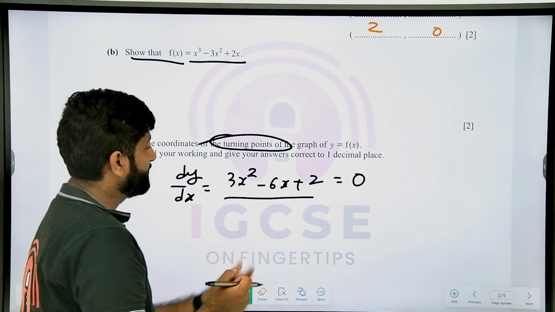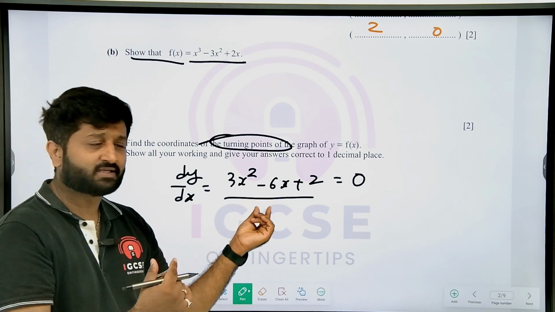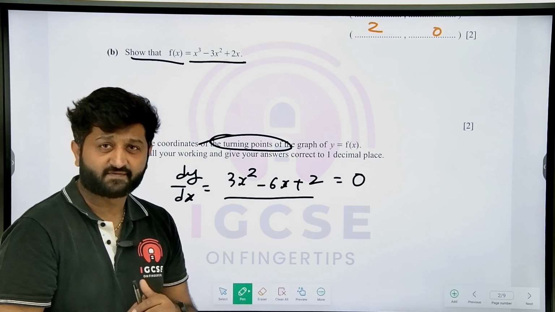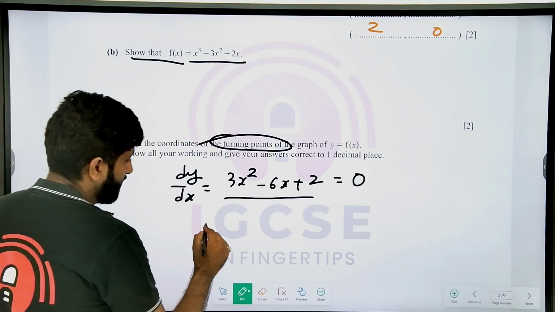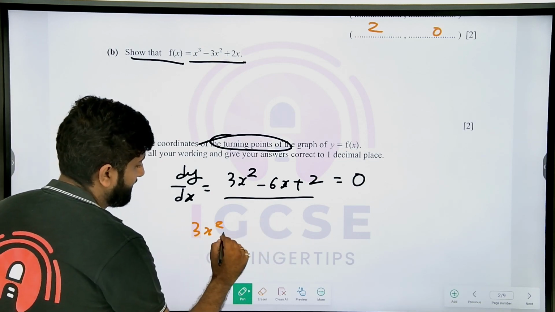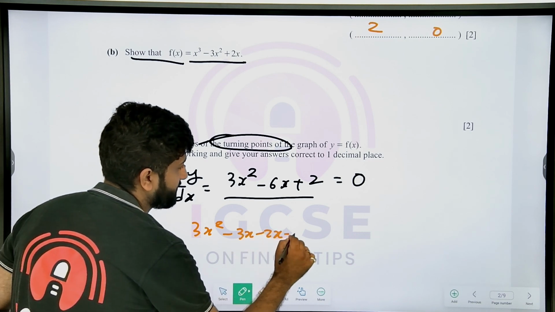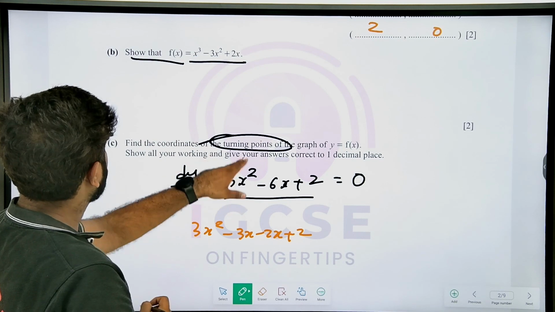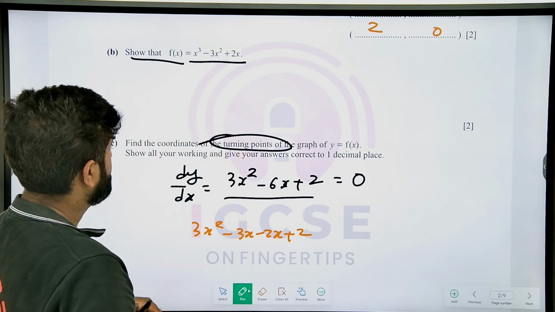I'll have to split the middle term in such a way that on addition, I should get negative 6 and on multiplication, I should get positive 6. Now, what are those terms? I think minus 3x minus 2x. Sorry, my bad. 3x squared minus 6x plus 2.